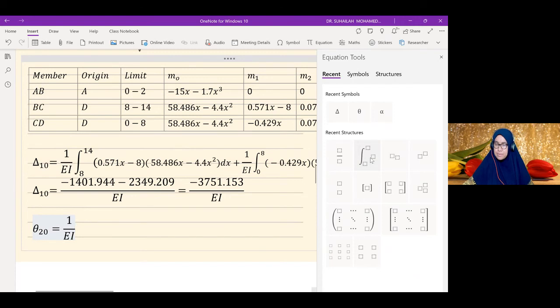We integrate the moment equation, again from 8 to 14.